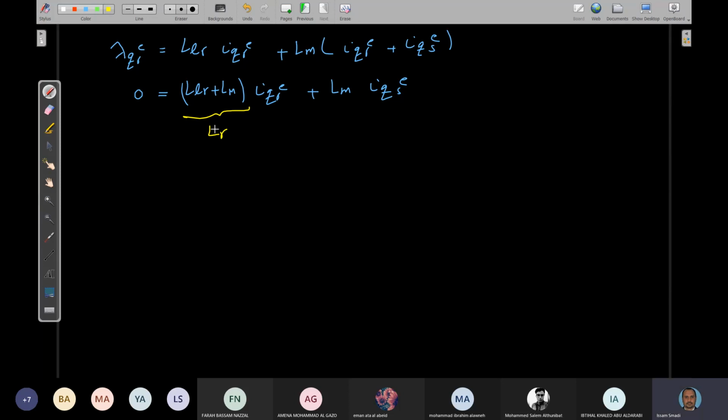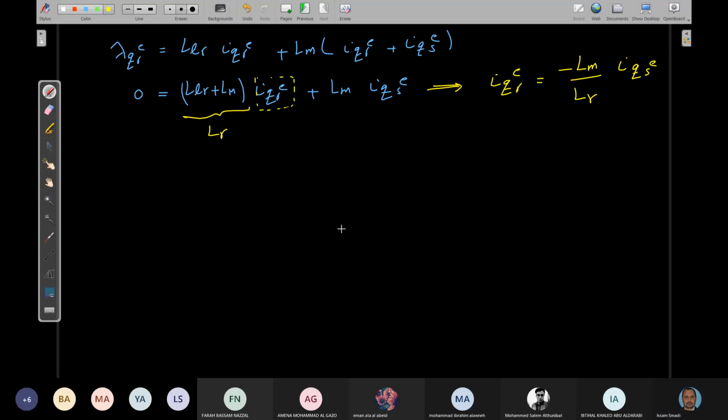Yes. So from here, if I solve this equation with respect to IQRE, I will get what? IQRE is equal to what? Who can help me with that? Minus LM IQSE over LR. Yeah, thank you. So instead of IQRE, I can write minus LM over LR IQSE, correct?